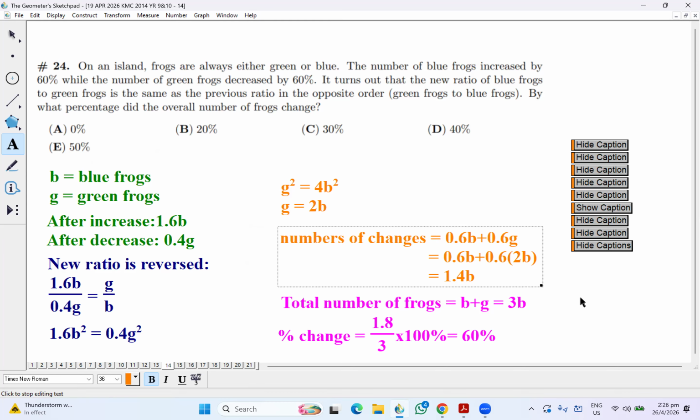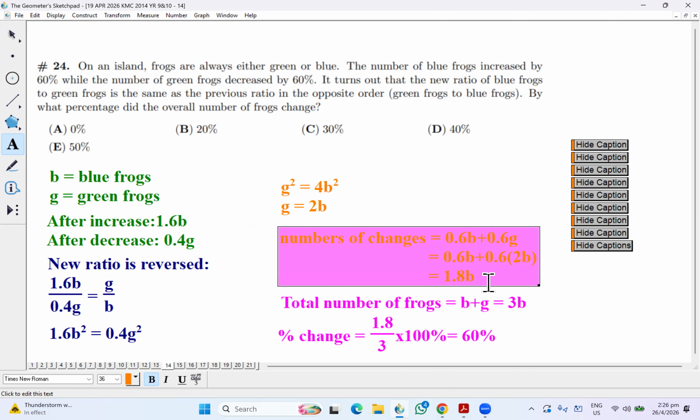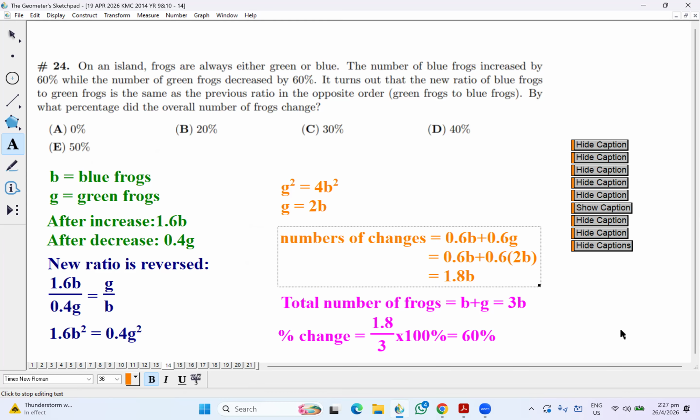So 1.8. 1.2 plus 0.6, 1.8. Okay. 1.8B over 3B, 60.